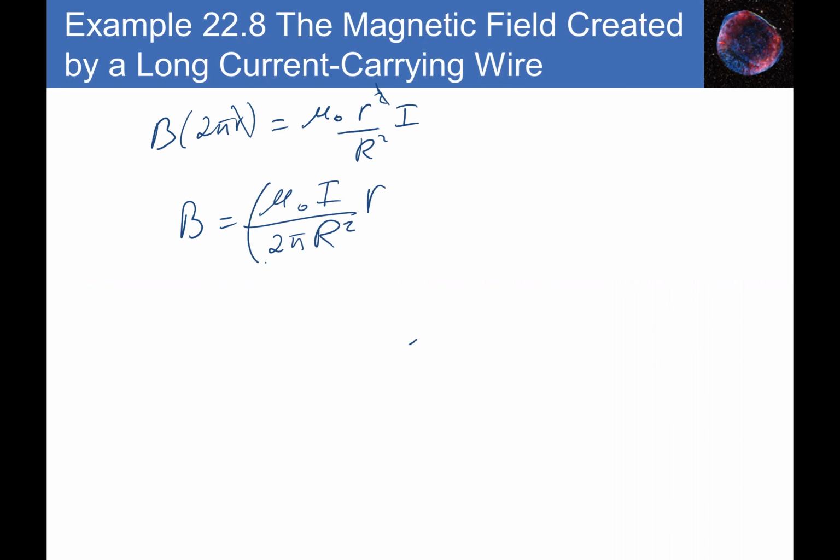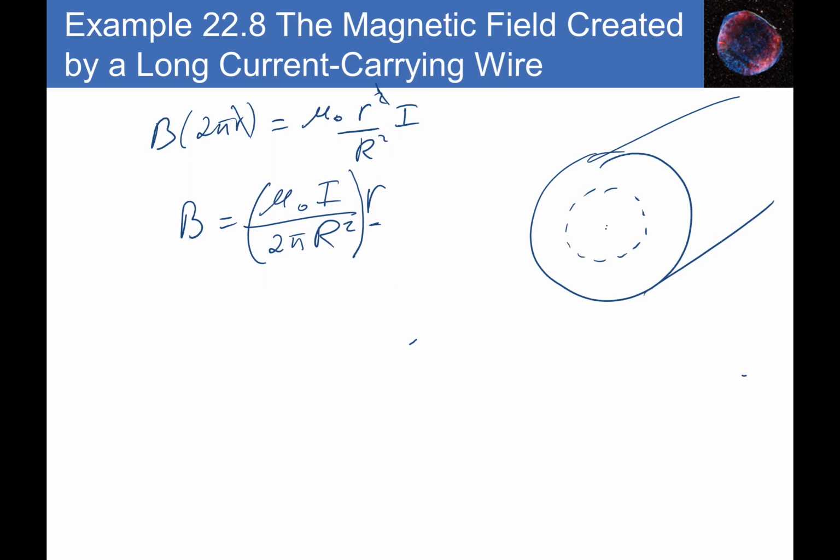Okay, so most of the time we rewrite it like this to show that everything in the parentheses is basically constant. The only thing that can change here is this R. For example, if this is my conductor, and let's say this is my loop, and this is the center.